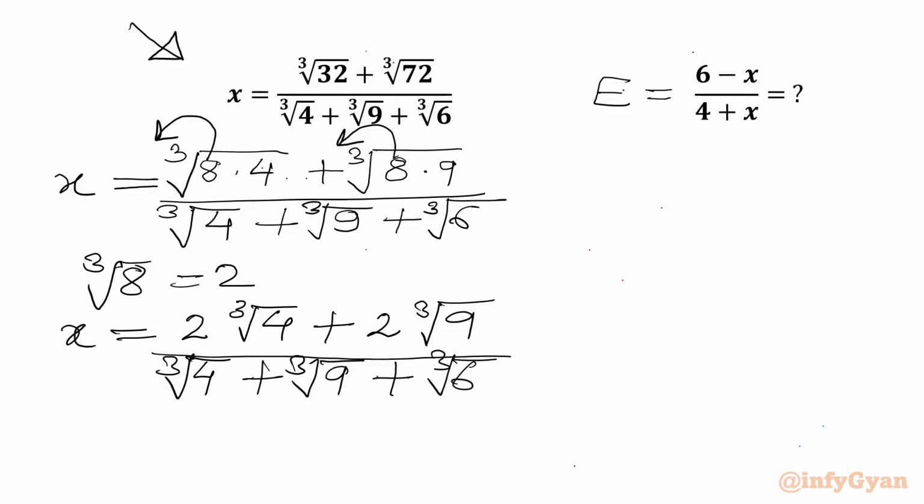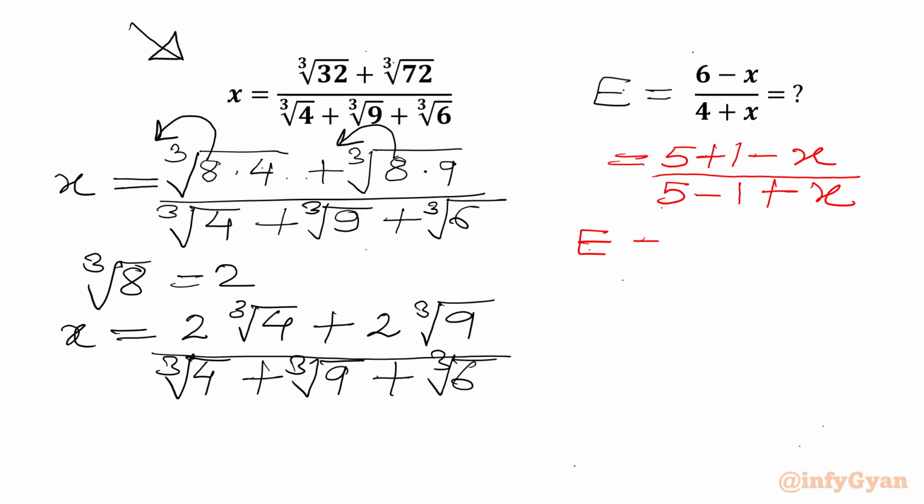Now I will consider our expression also. 6 can be written as 5 plus 1, then we have minus x. In the denominator, 4 we can write as 5 minus 1, then we have plus x. So expression E we can write as 5 minus (x minus 1), so 5 minus x plus 1, so still it is 6 minus x.